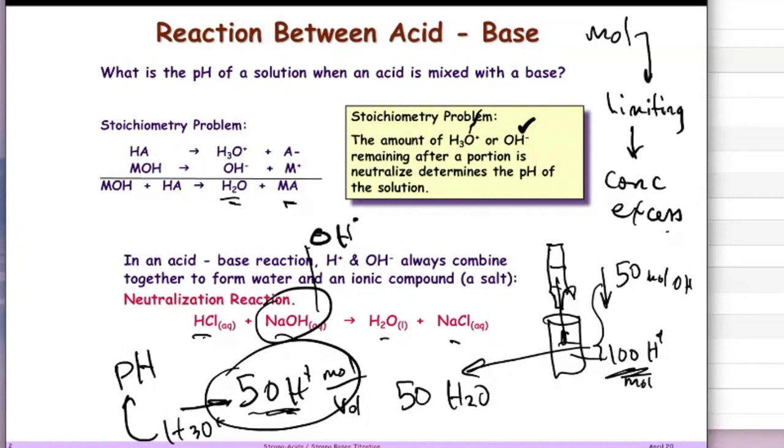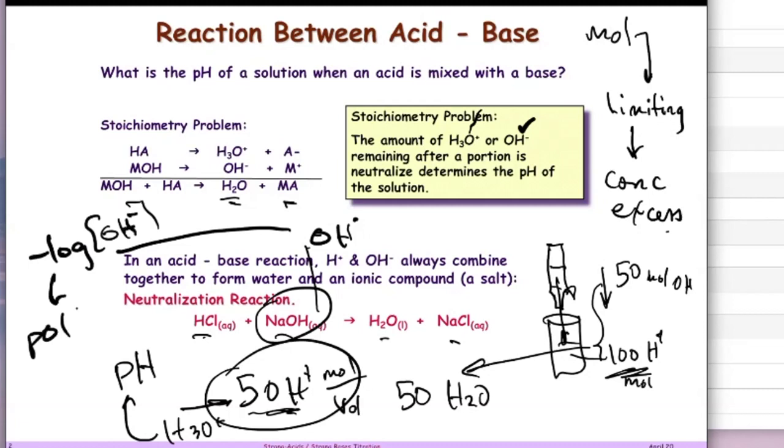If you take the negative log of the hydroxide concentration, you have the pOH. And you can calculate the pH by subtracting that pOH from 14. Okay, remember that pH plus pOH equals 14. Of course, we're assuming that it's water at 25 degrees and the water is uncontaminated.